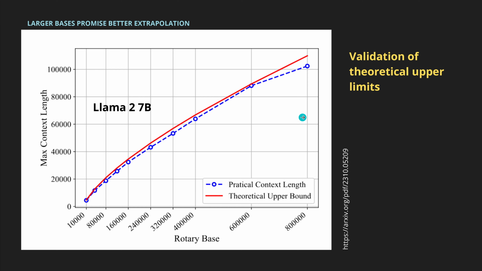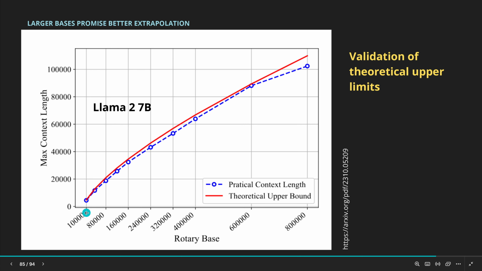But however, before that, we have a theory. This is in red. And then in blue, we have the practical experiments that we do and how well it fits. It is not perfect, but come on, this looks really nice. So we have here the max context length and the rotary base values. And you see for 10K, we have the larger bases, so beta bigger than 10K.